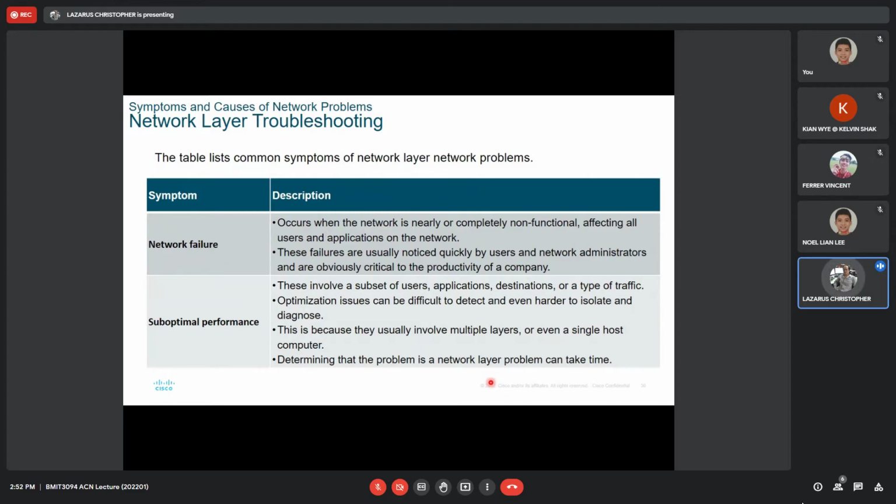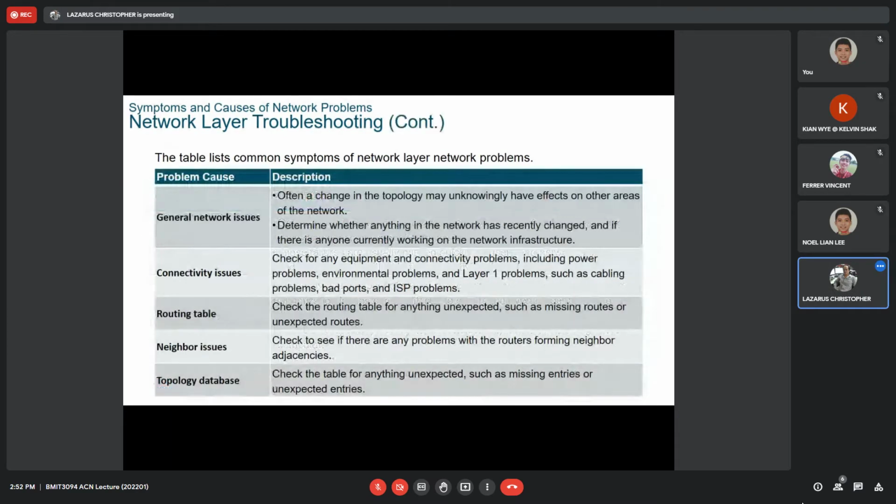General network issues: changes in topology can have an effect on other areas of the network. The way to detect this is to find out whether anything has changed in the network.